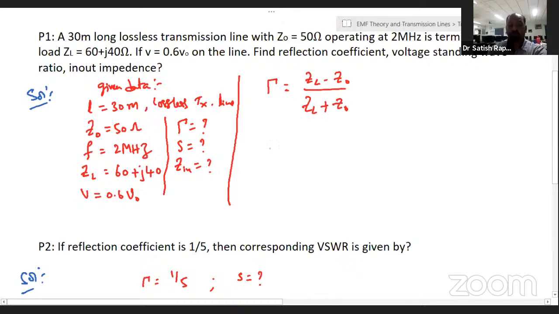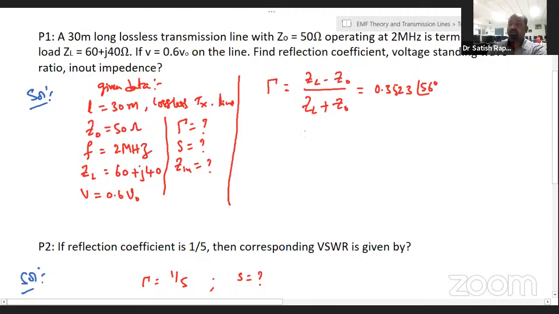The answer will be 0.3523 at 56 degrees. You can also determine the angle of reflection.